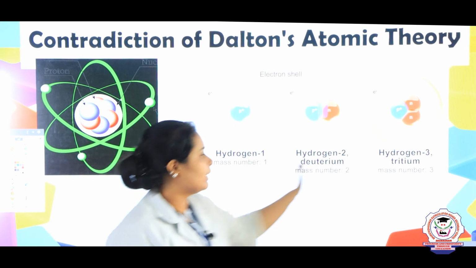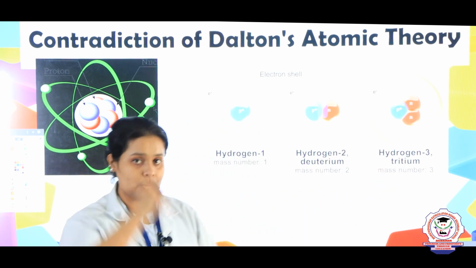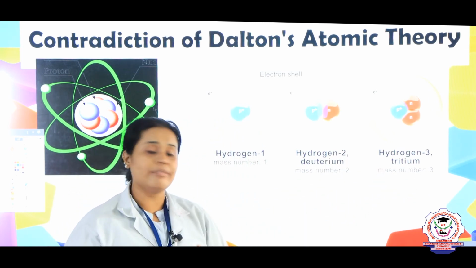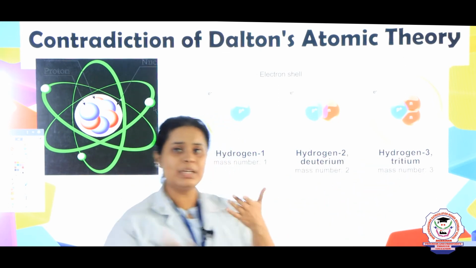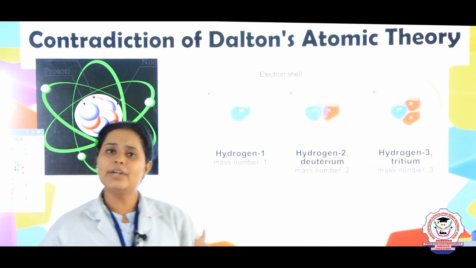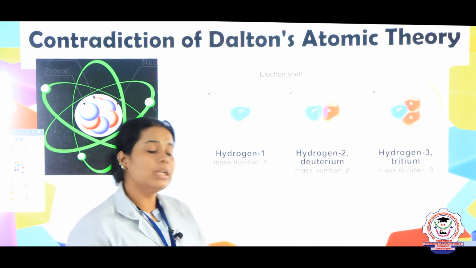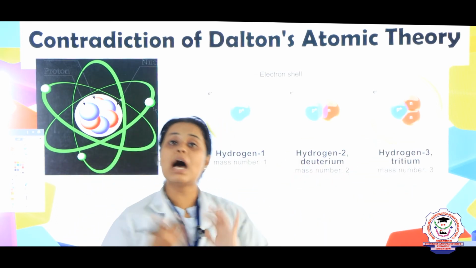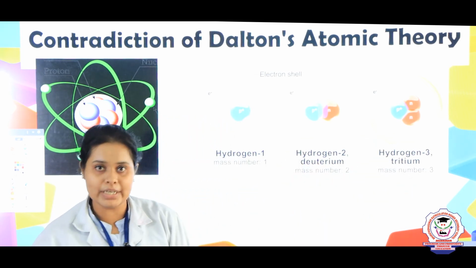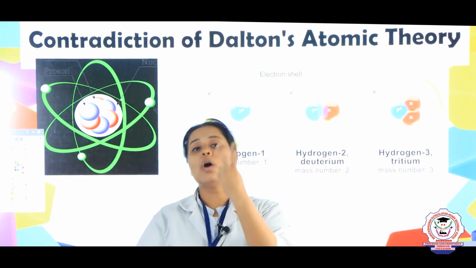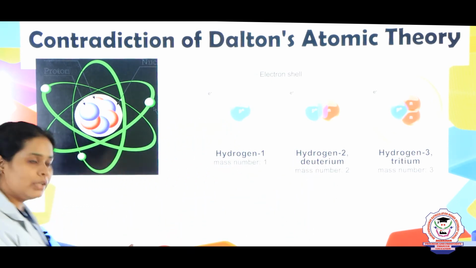But let's take the concept of isotopes. Isotopes have different mass numbers. Let's take the example of hydrogen. The hydrogen element is the same, but the isotopes of hydrogen have different properties, right? So that was a second contradiction to Dalton's atomic theory.